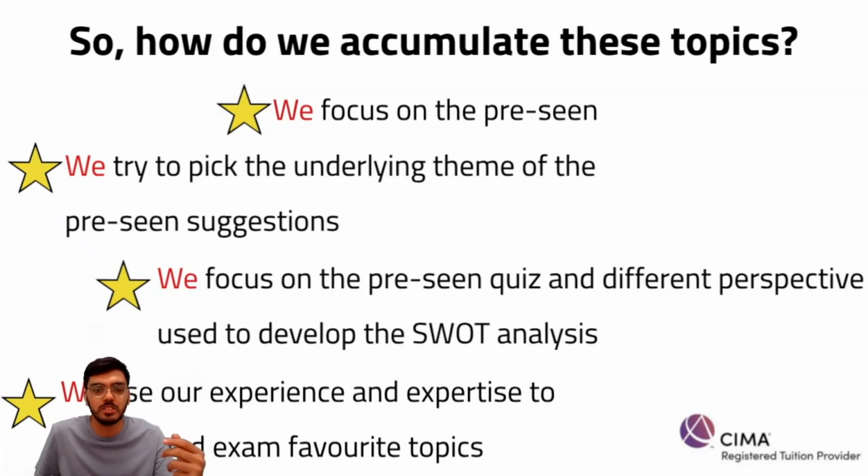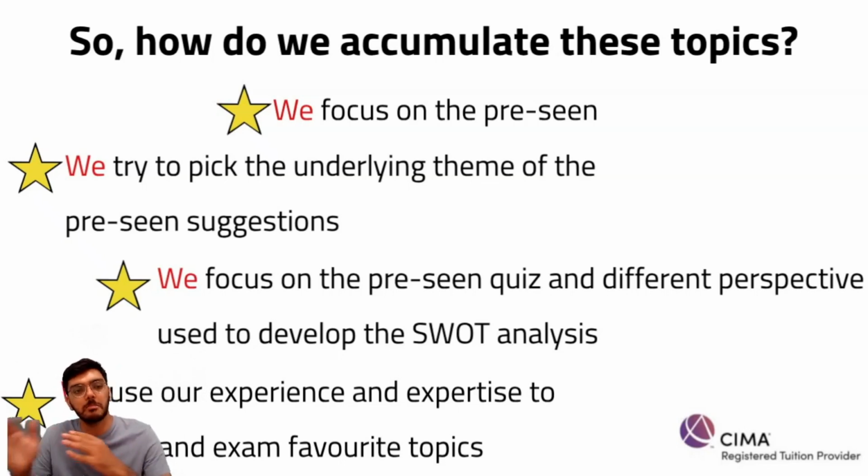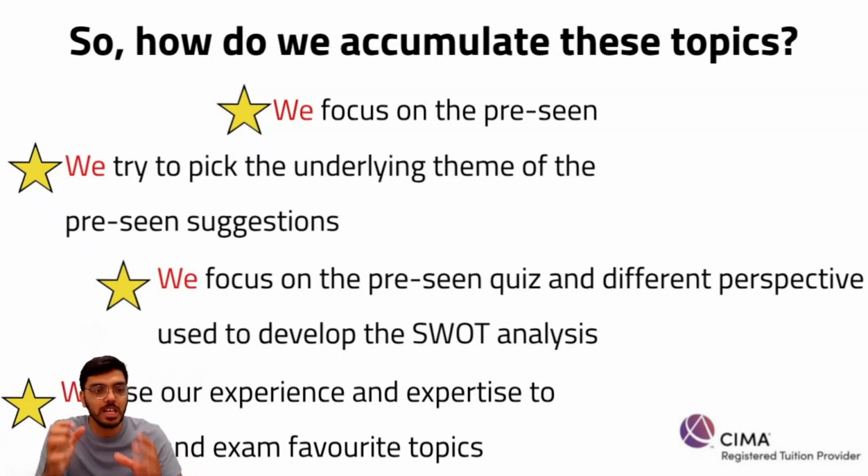When we read the pre-seen, we try to identify issues with the pre-seen, problems with the company, and then we match them with specific topics that CIMA asks and try to create a list that gives students focused study on topics that often come up in the exam while they write mock questions with us.